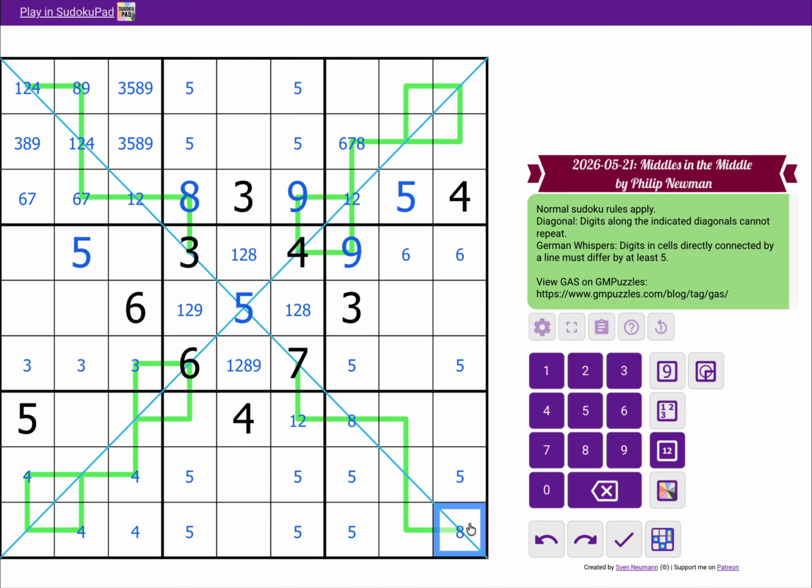Six. Okay, so this is a 6-8 pair, because those are the only 2 high numbers left after we eliminate everything else.